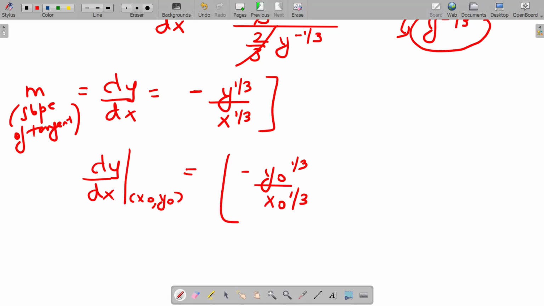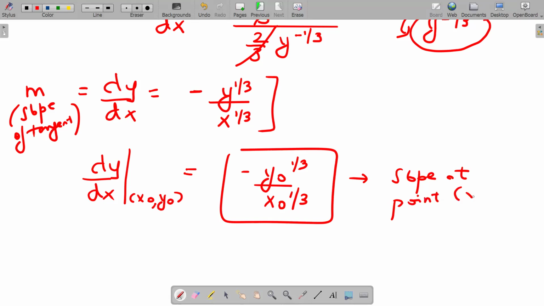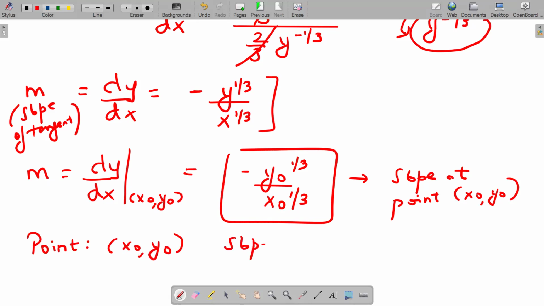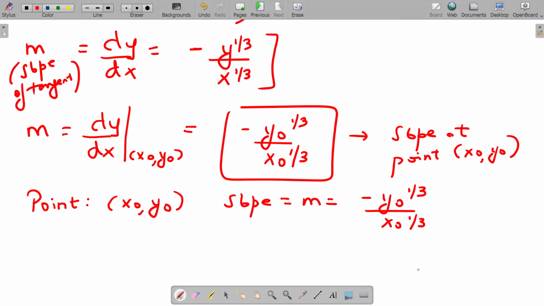So this is my slope at the point x0, y0, which I call m. Now we are given the point. The point is x0, y0, and the slope, which is m, is negative y0 to the power 1/3 over x0 to the power 1/3. How do I find the equation of a tangent?